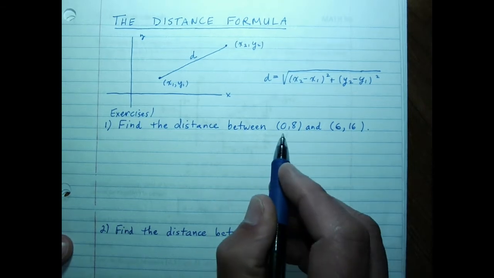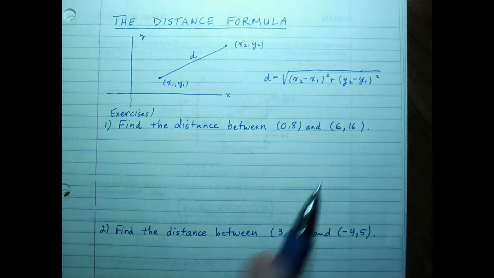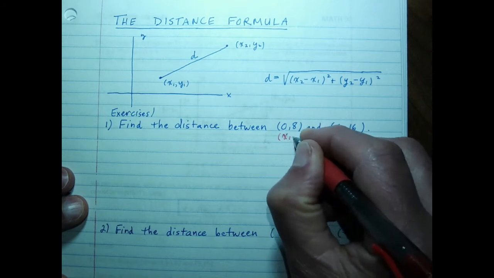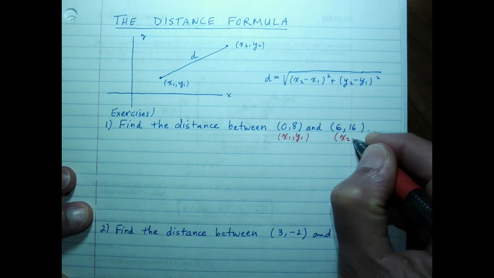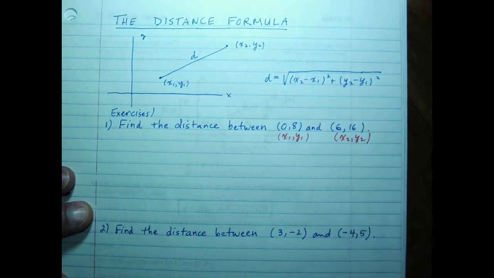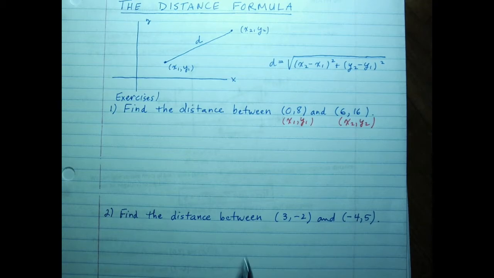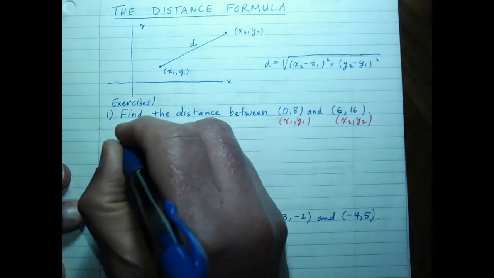Suppose we want to find the distance between the point 0, 8 and 6, 16. So we want to think of one of these points as my x1, y1 point, and one as my x2, y2 point. So I'm going to then plug into our distance formula.